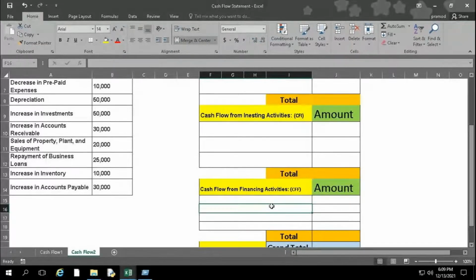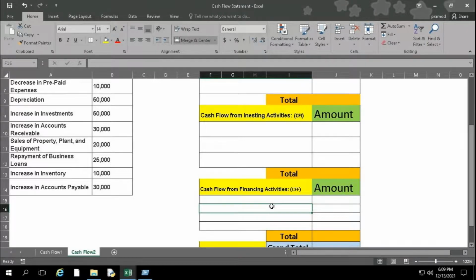Repayment. Increase in inventory, add. Business loan received will be plus, no, sir? Increase in accounts payable, add or minus? Accounts payable, no. It is minus.